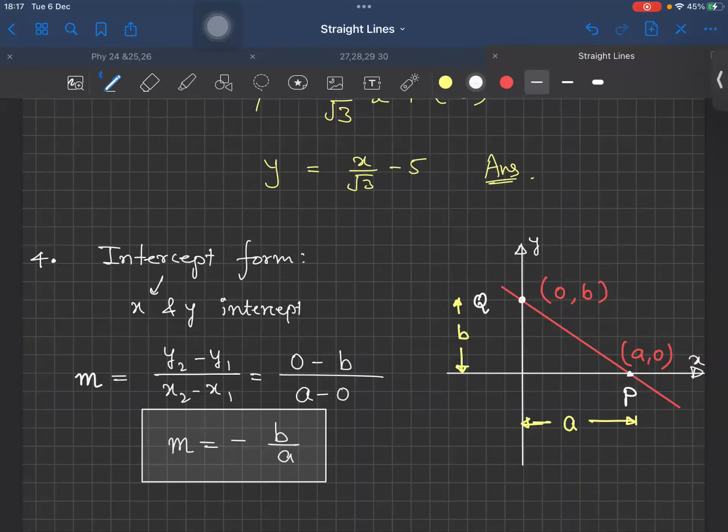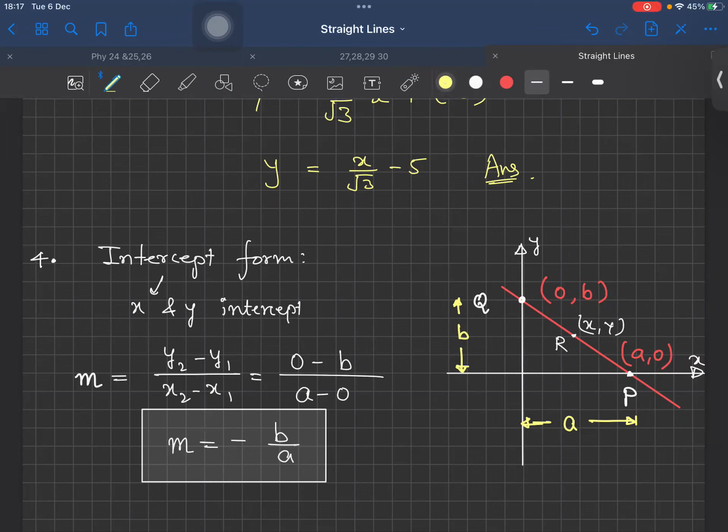Now we'll just simply take any point x, y. We can take any point x, y. Now how do we write the equation of line? Just find the slope. Use any point. Let's say this is point R. Tell me the slope of RP.